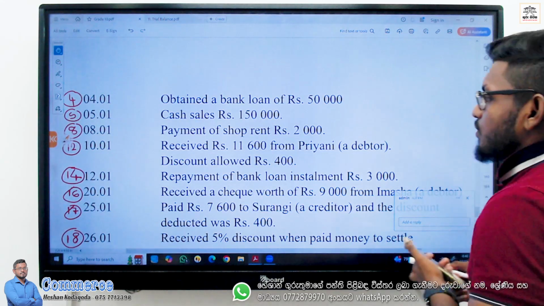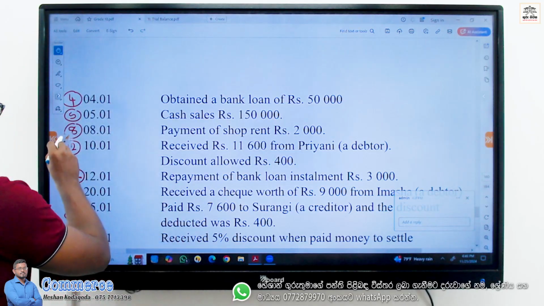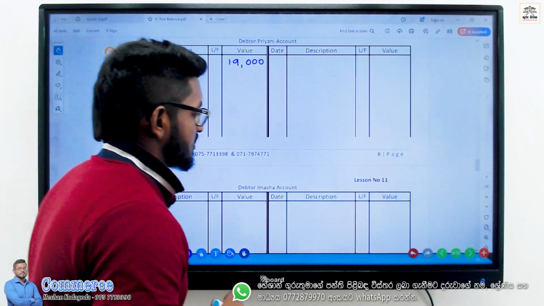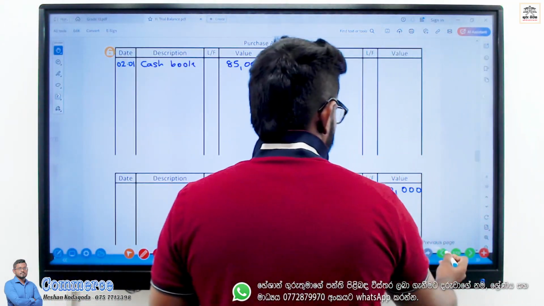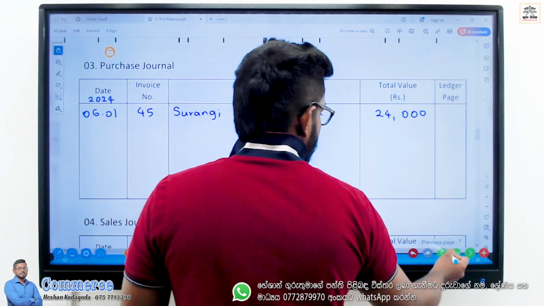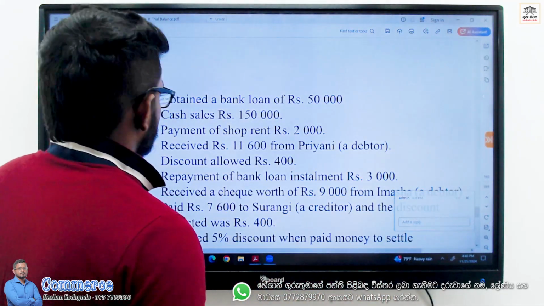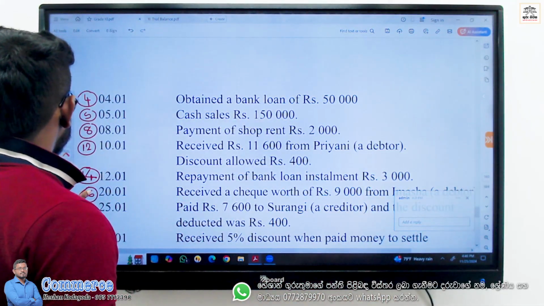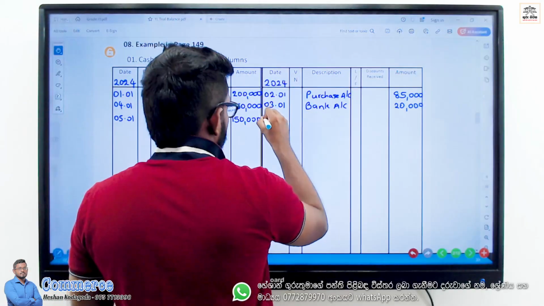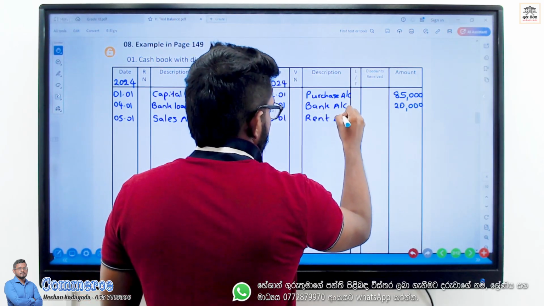Okay, now next one. So what is the transaction? Payment of shop rent 2,000, right? Cash book credit, rent account debit. So go to the cash book credit side. What is the amount? 2,000, 8th of January. Rent account.